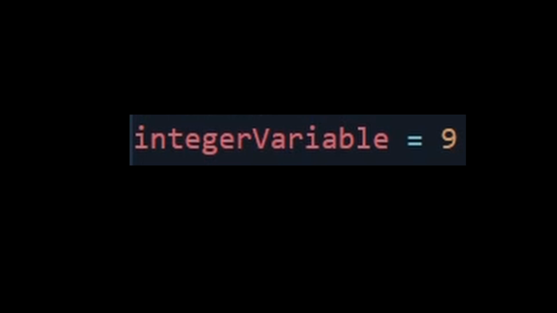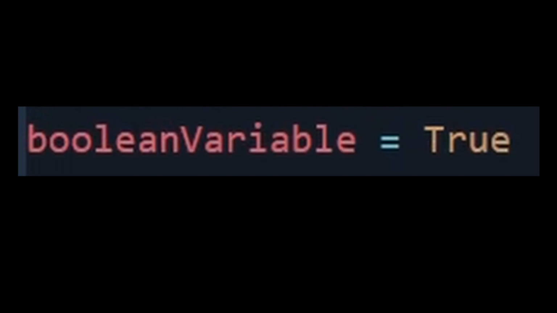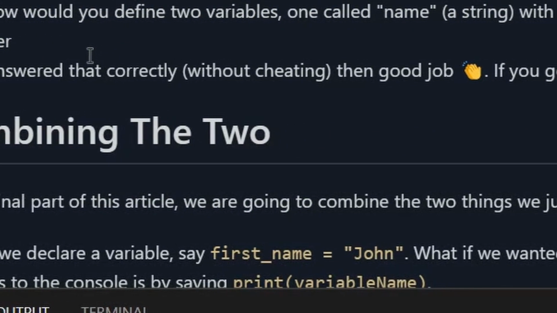Declaring an integer goes by the format of variable name equals some whole number. And next, we have booleans. So the way you declare a boolean is the variable name equals true with a capital T or false with a capital F.